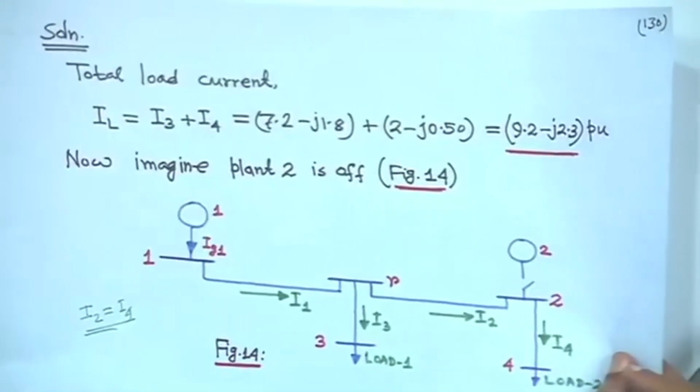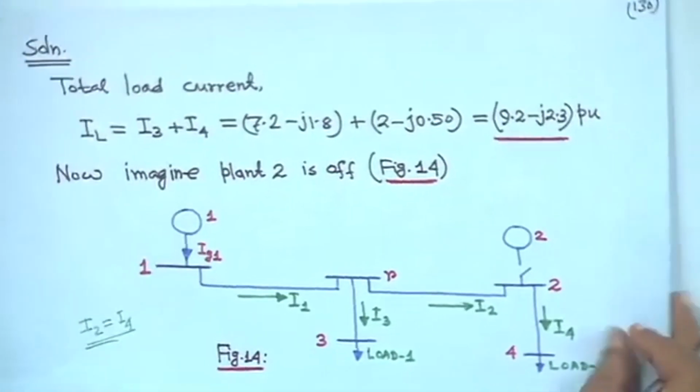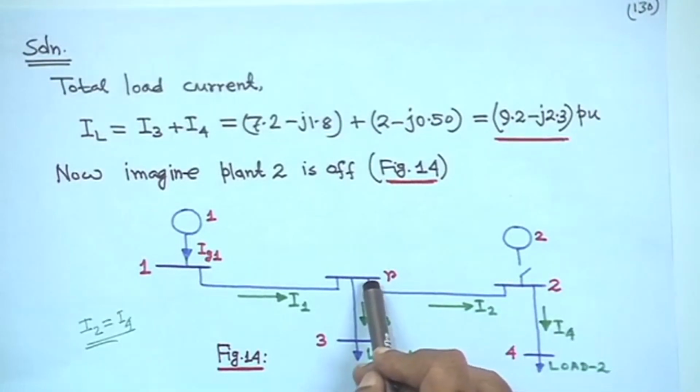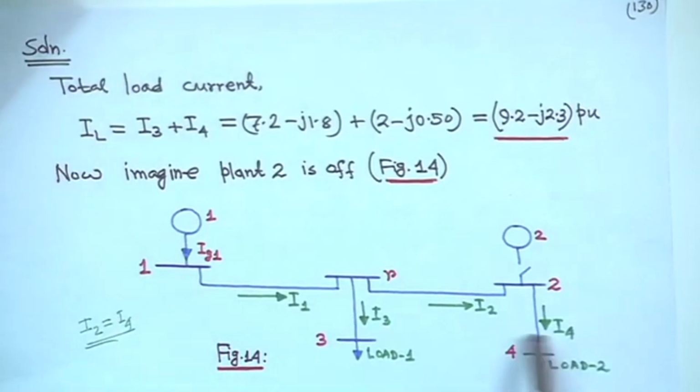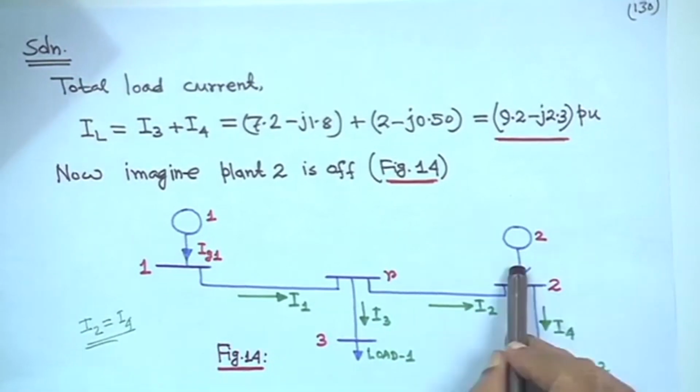If it is so, then at this point you apply Kirchhoff's first law. That means I1 is equal to I3 plus I2, and here I2 is equal to I4, because the same current is going here and this is off.